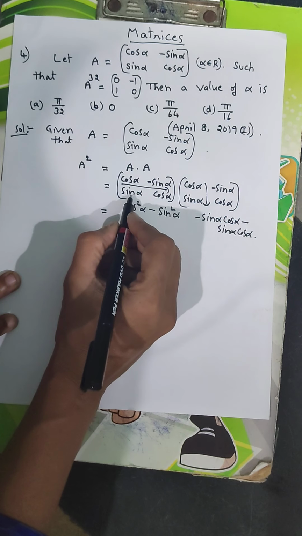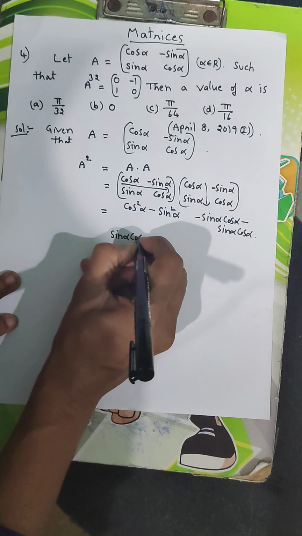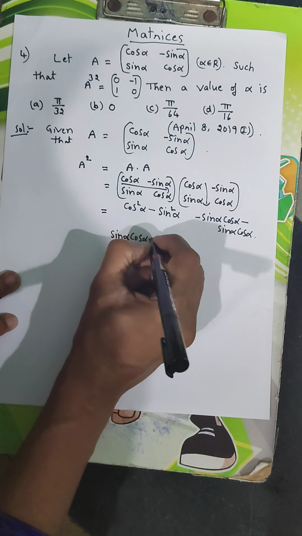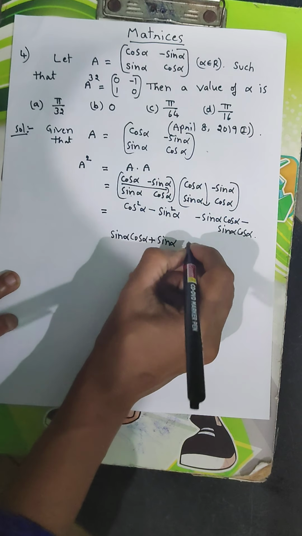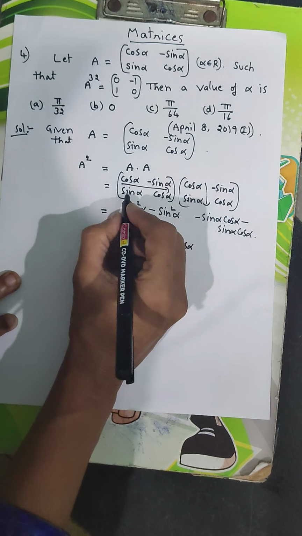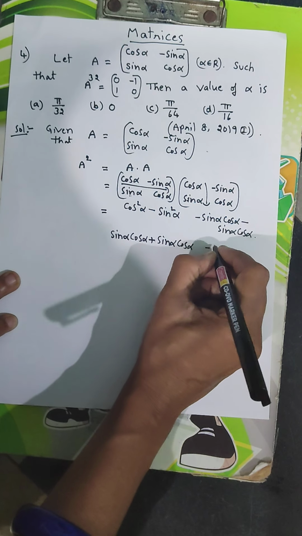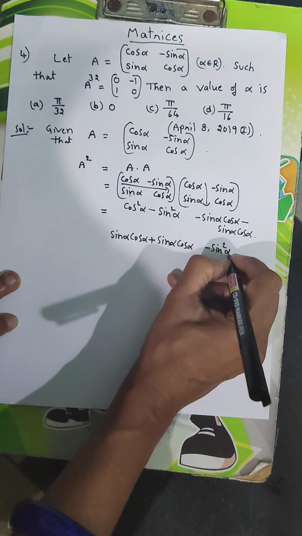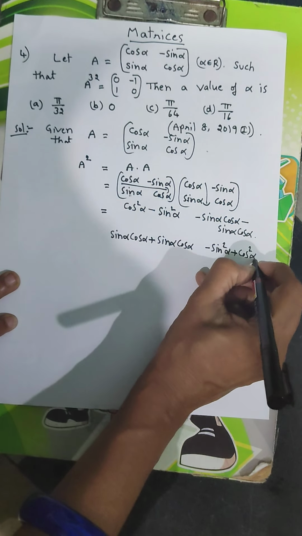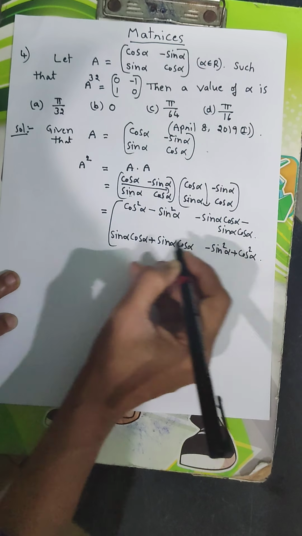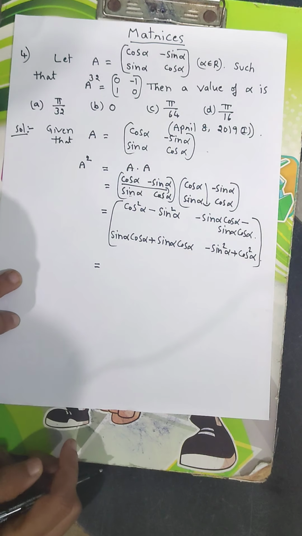Second row first column, sin alpha cos alpha plus sin alpha cos alpha, and second row second column, minus sin square alpha plus cos alpha into cos alpha, which is cos square alpha. This is the matrix.